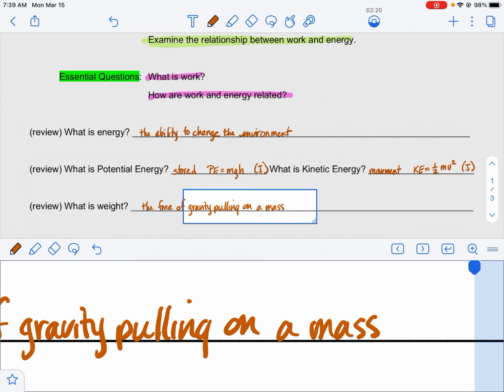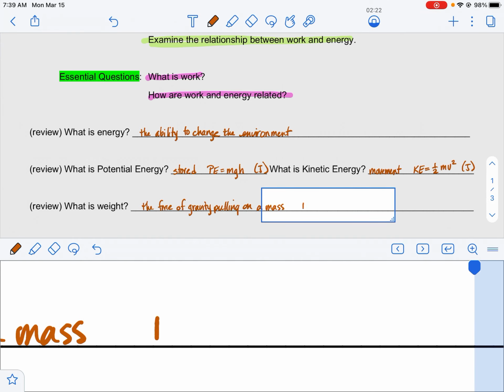And remember that the way we find the weight of something is we say Fg equals m times g. And g, of course, is 9.8 as long as you're on the Earth. All of our problems today are going to be on the Earth. We measure force in newtons. All right, so all those things should sound familiar to you. Take a minute and think about them if you need to.